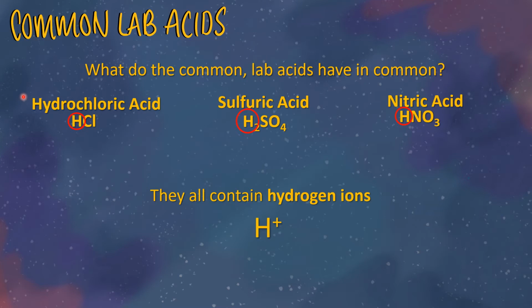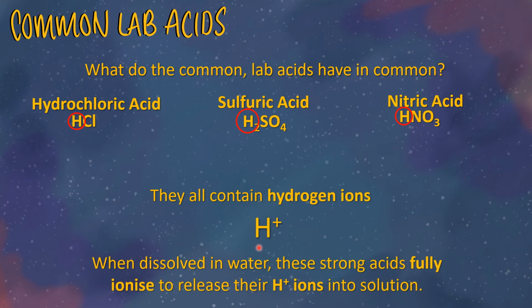Okay, and when they are dissolved in water, they will completely ionize to release a hydrogen ion, H+. That's what it says here. When dissolved in water, these strong acids fully ionize.